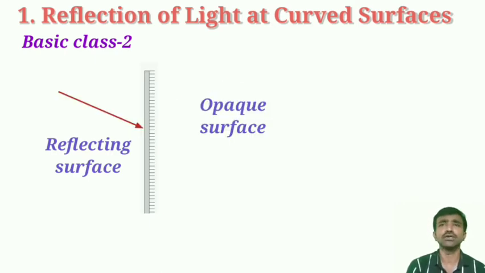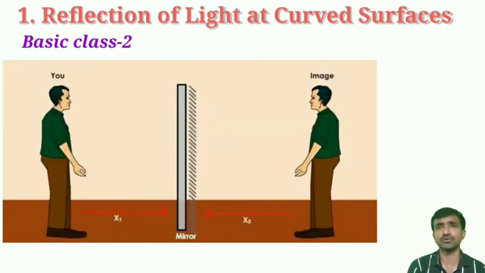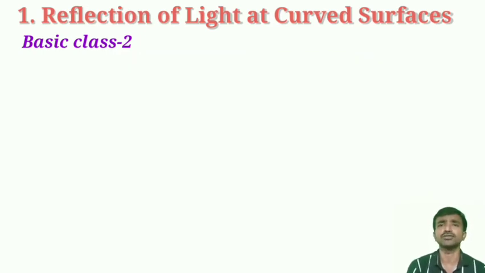It won't reflect the light and it will not allow the light to pass through it. Some reflection actually takes place from that surface, but it is not 100% reflection. It helps us to see that surface only, but it won't form an image. So these types of surfaces are called opaque surfaces.